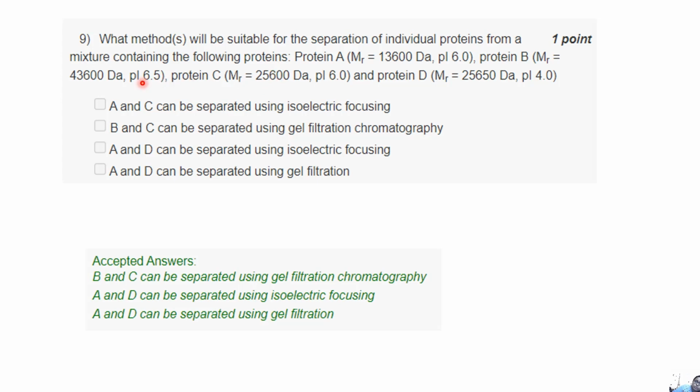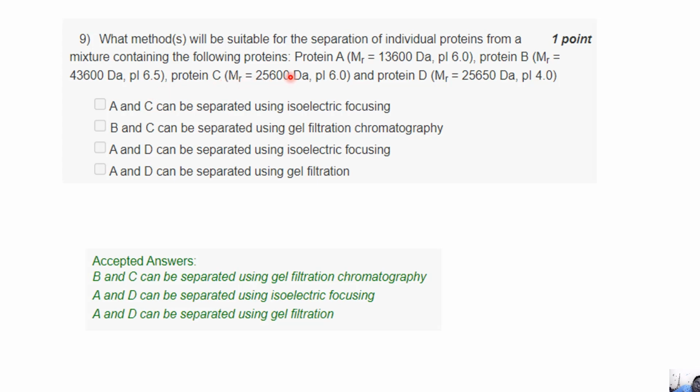These two have a significant difference in their molecular weight, so B and C can be separated on the basis of molecular weight.